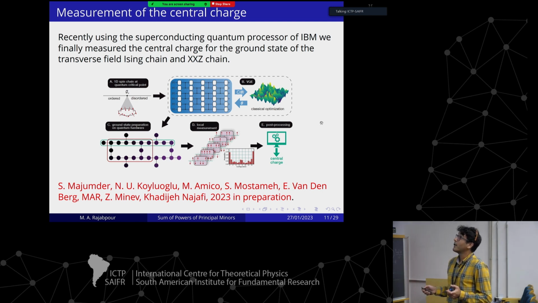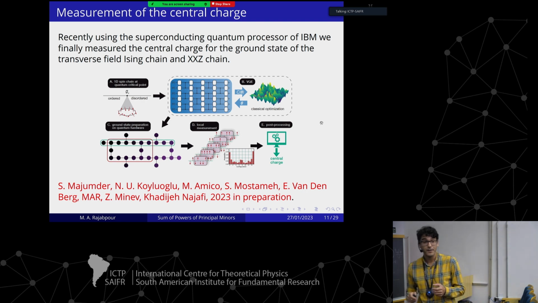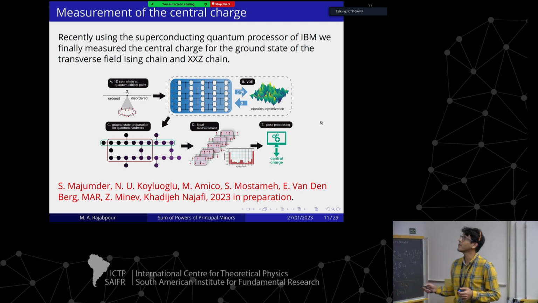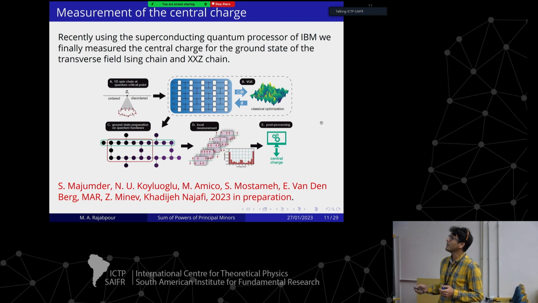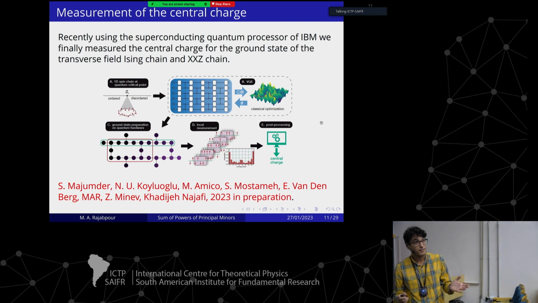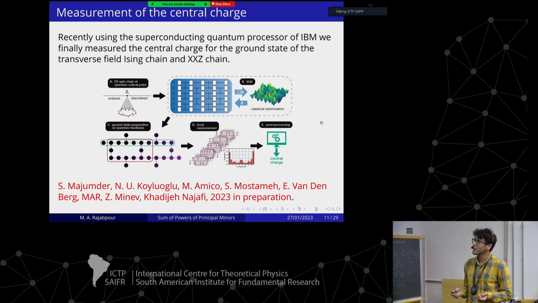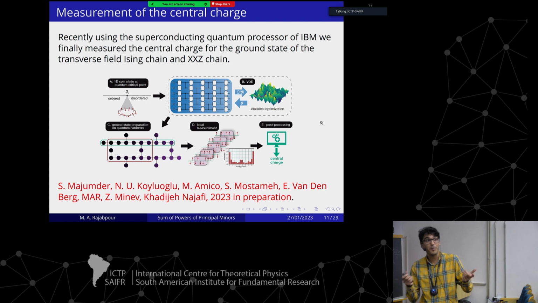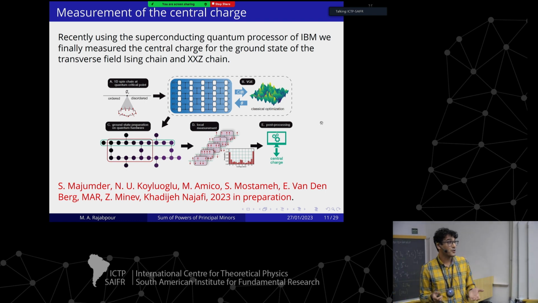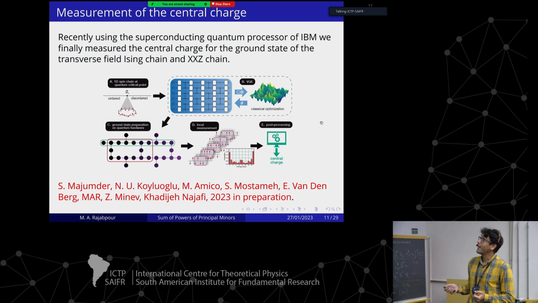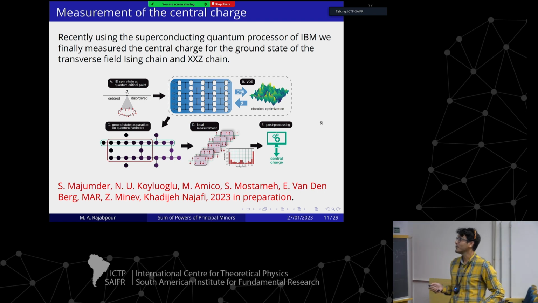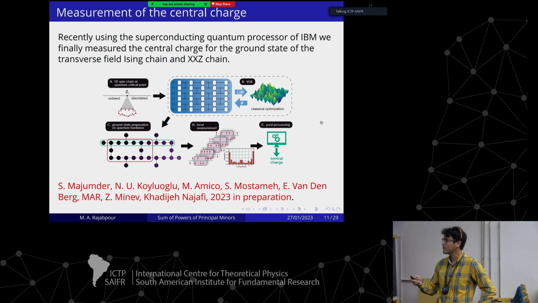Then they were able to estimate the central charge for the transverse Ising chain and the XXZ chain using the same quantities. The hardest part is that the ground state should be the critical one. I was able to help them with the theoretical aspect.